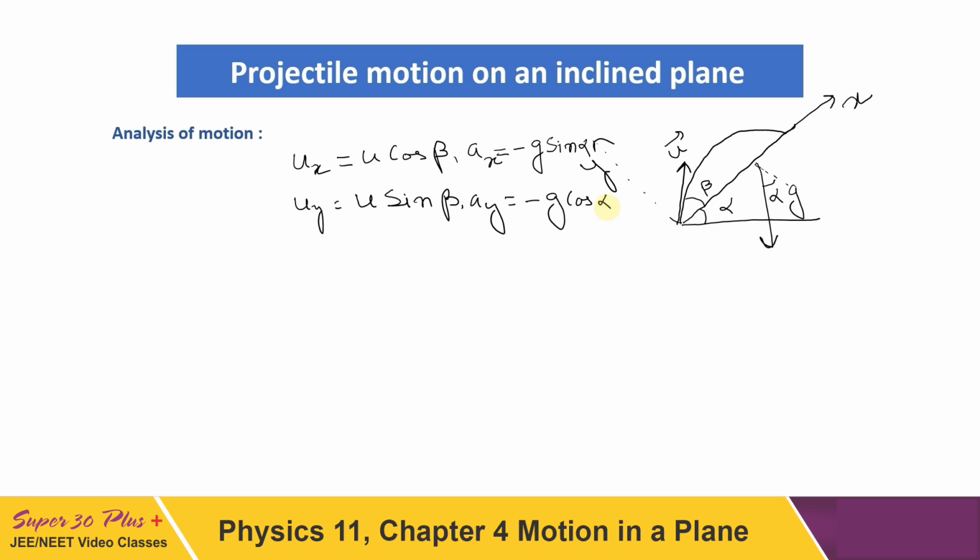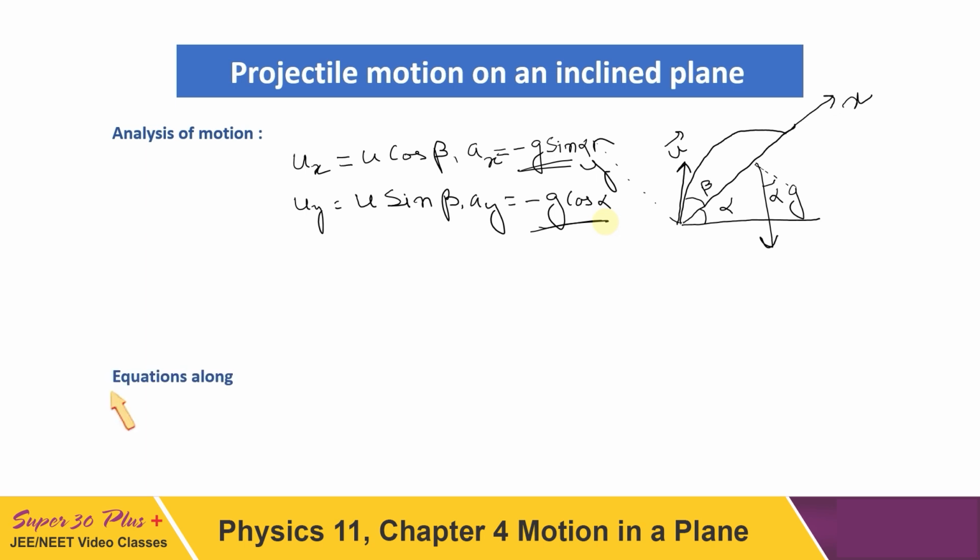Only in the y direction was acceleration effective. In case of this projectile motion on an inclined plane, now acceleration is effective both in x as well as y direction. So here we have to consider acceleration in both directions, which is expressed here as ax and ay. And in both the axes, along the x-axis and the y-axis, the motion can be written as uniformly accelerated motion.